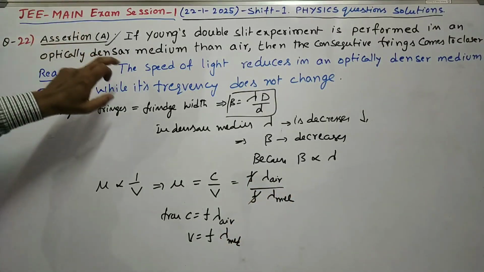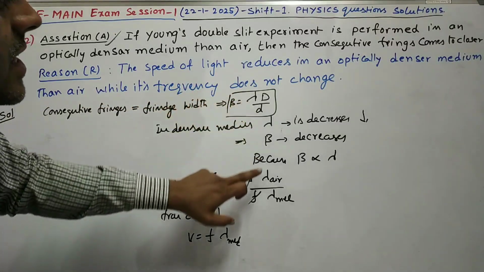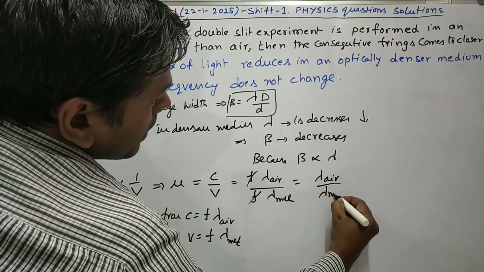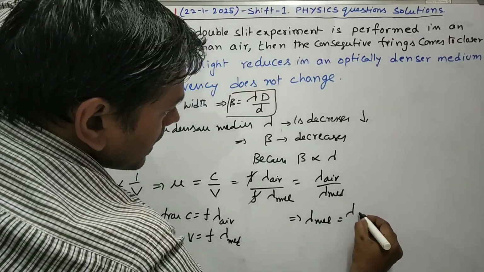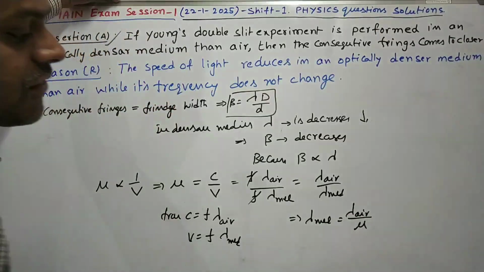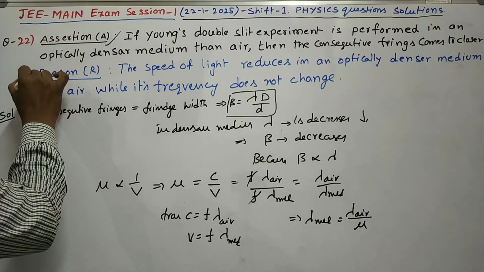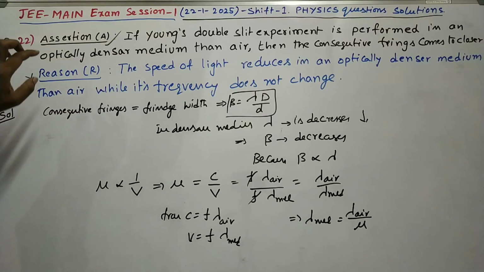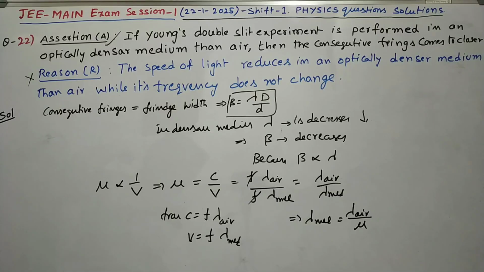The frequency cancels, because the speed of light reduces in an optically denser medium than air while the frequency does not change. Frequency remains the same. That means mu is equal to lambda air by lambda medium, so lambda medium is equal to lambda air by mu, the refractive index. There is no speed term involved here. So the reason is not the correct explanation of the assertion. So A is true, but R is not the correct explanation. Like that, that's it.